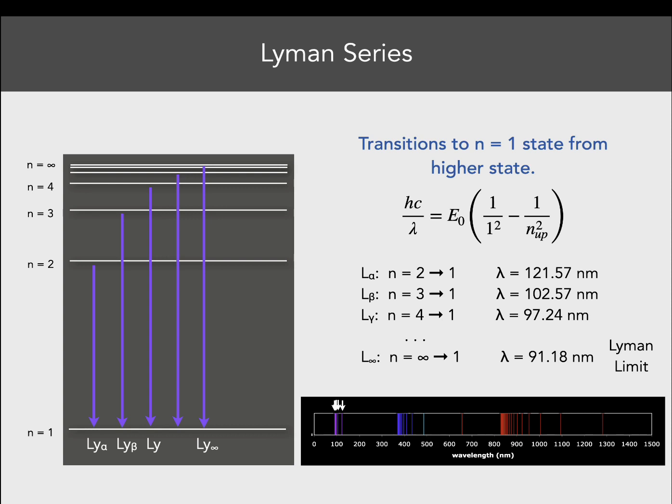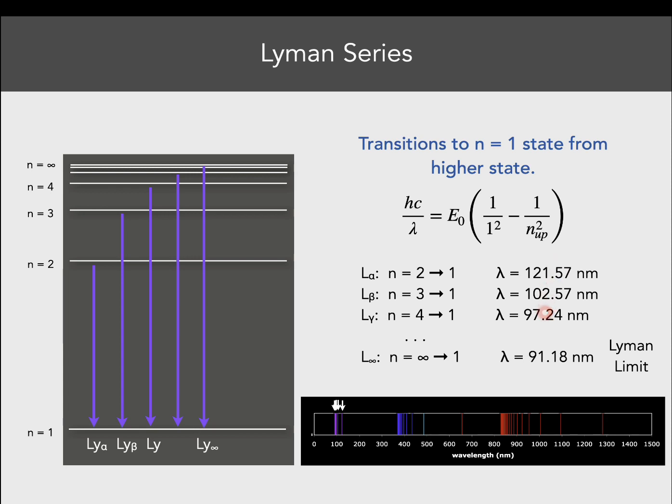If we look at transitions to the ground state, then you can kind of immediately see that the energy gap here is a lot bigger than in the Balmer series. So all of these photons are going to have more energy and therefore shorter wavelengths. So all of these are going to be out in the ultraviolet part of the spectrum. The lower energy state is going to be 1, so we just have 1 minus whatever the upper state is.